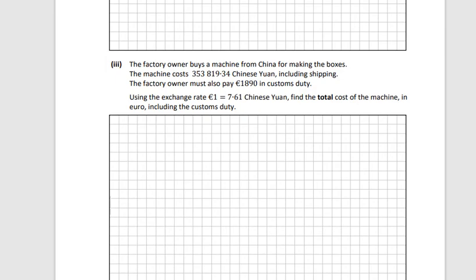This one then is currency exchange. We have to find it in euro. Therefore, we have to convert this Chinese yuan into euro. To do that, I'm doing 353,819.34, because I'm going from that back to euro, so I'm going to divide by 7.61, and we use the calculator.